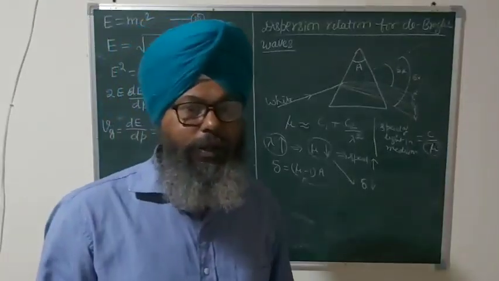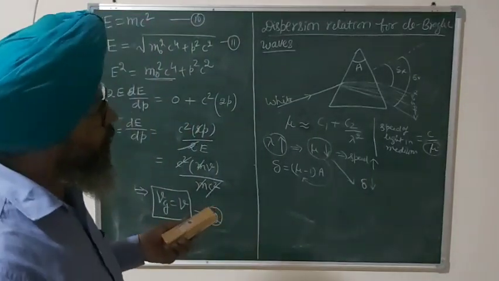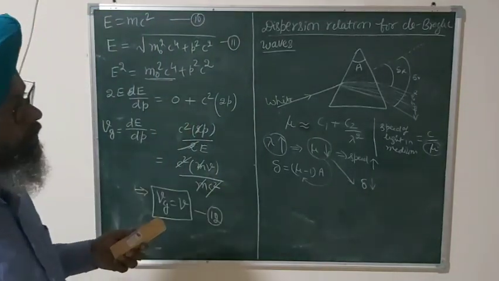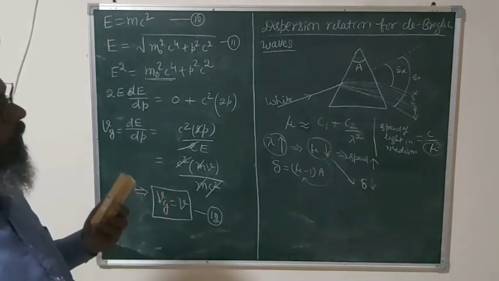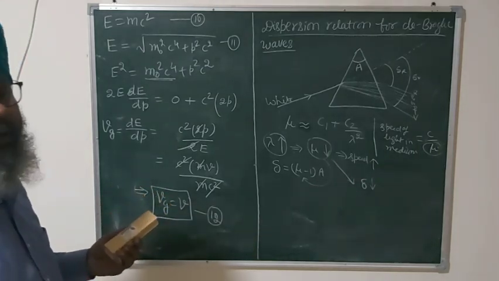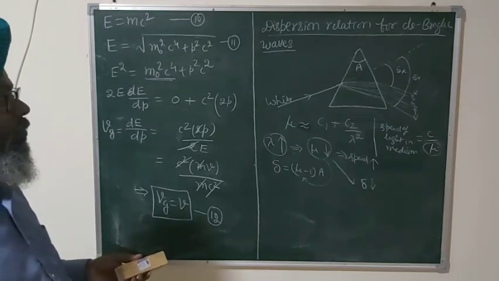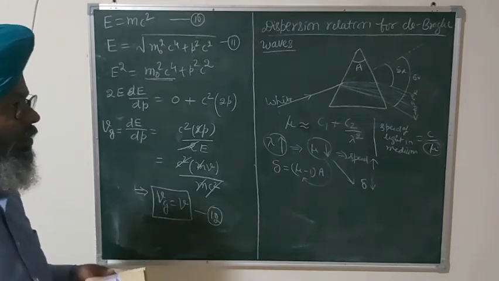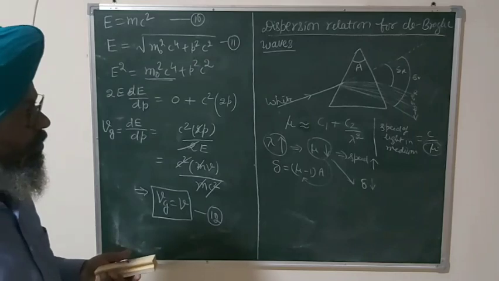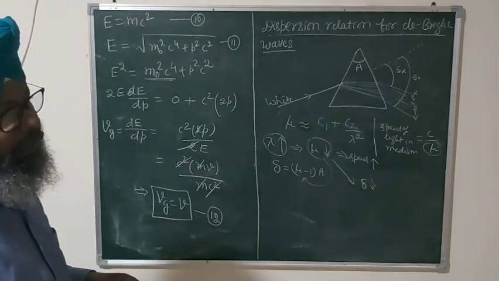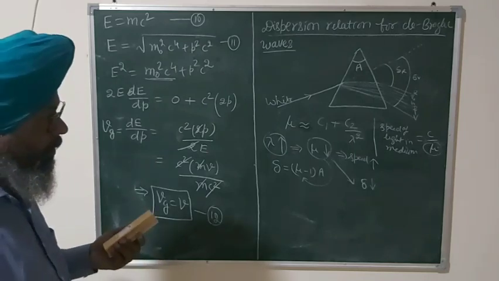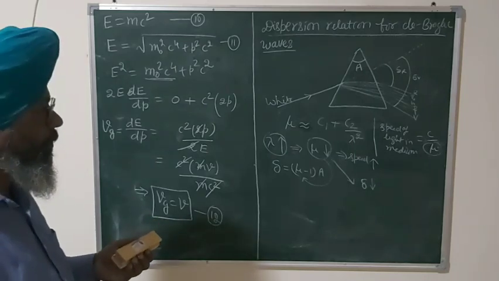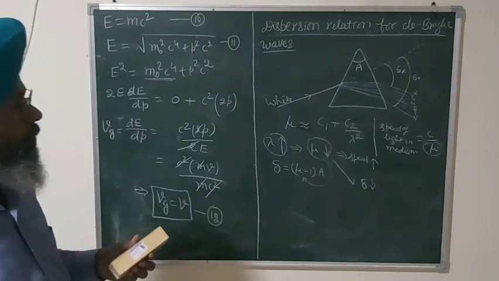Because it will explain that waves of different wavelengths will have different speeds, different deviations and different refractive indices. So a dispersion relation is in general any relation between the wavelength and other parameters of the light like speed, refractive index of a medium, etc., and angle of deviation.